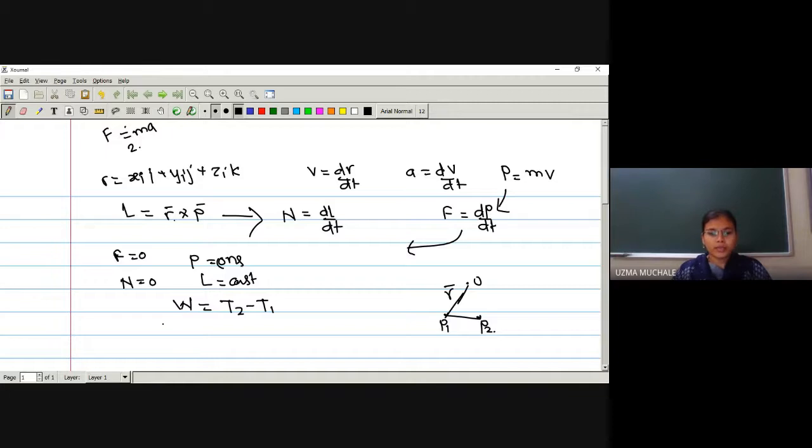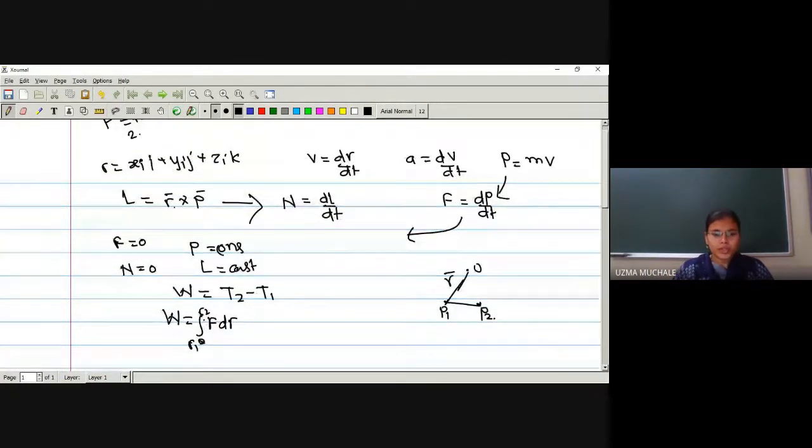At that time we found the formula for work done is nothing but force into displacement, that is, force into dr, where dr is the displacement, taken from position P1 to P2, that is r1 to r2, the position vector of the particle from the origin.